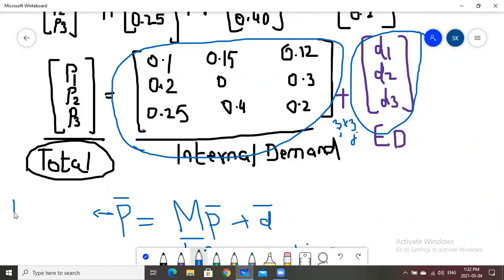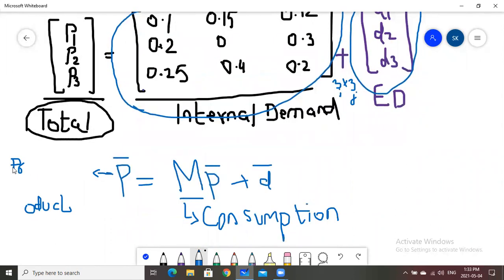So this P bar is the production vector, M is the consumption matrix, and what is this D bar?